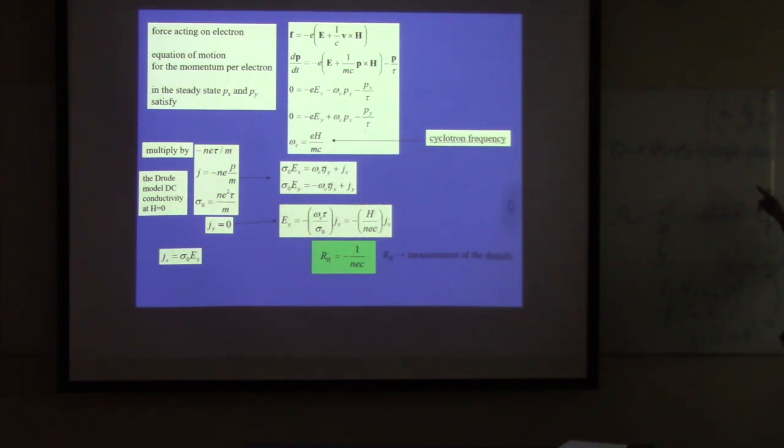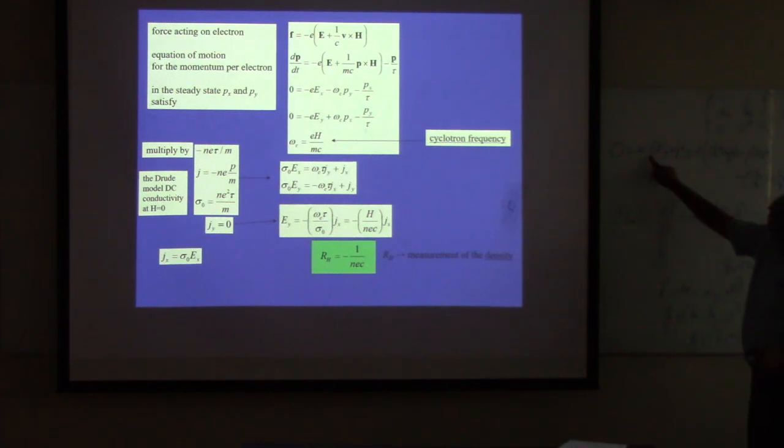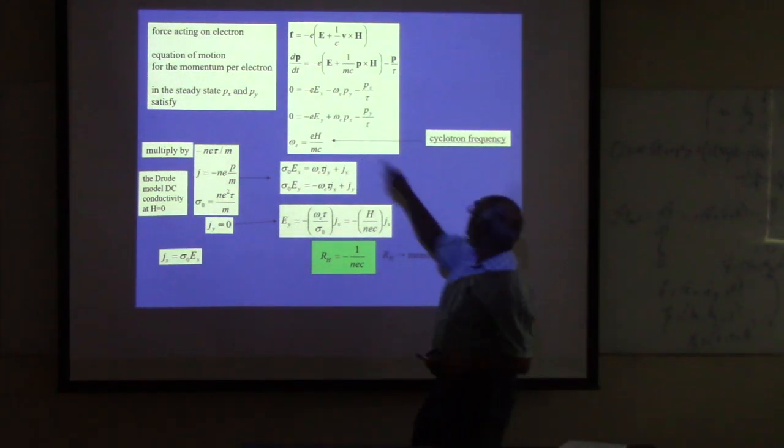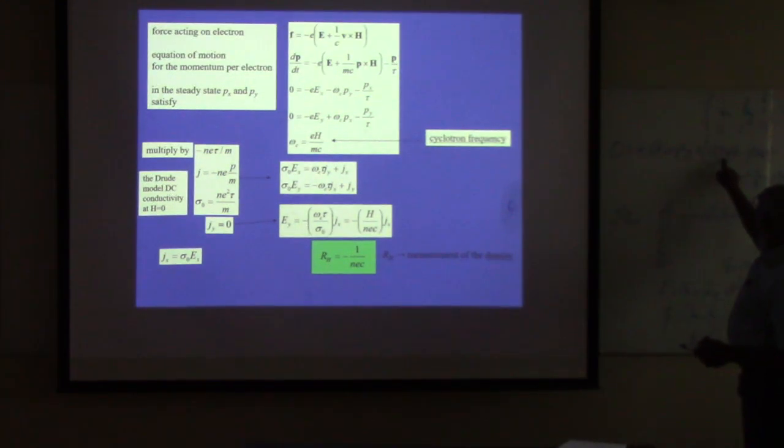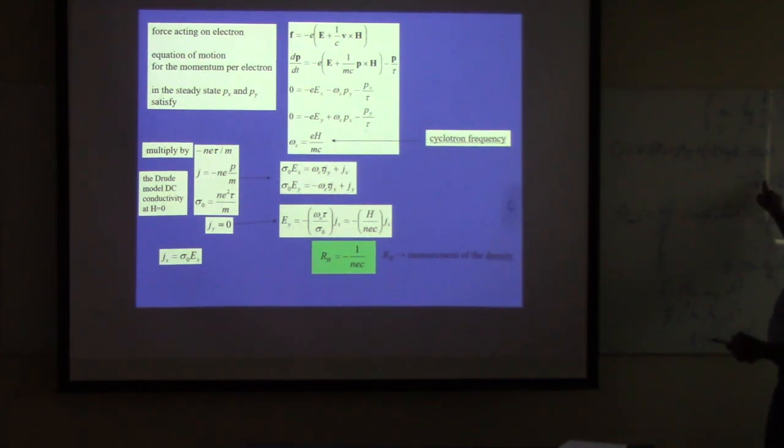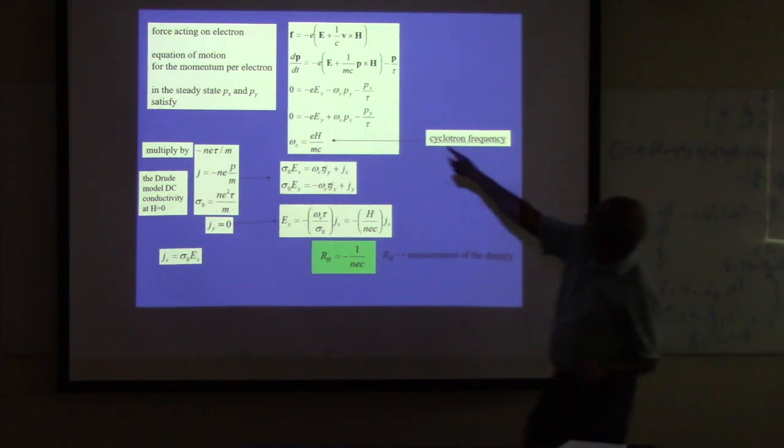So then how about the next term? Minus P over tau. That means i Px over tau plus j Py over tau. That's it, right? Is it clear for everybody? So now separate the i's and j's. If I take i, I get E times Ex. Then I have Vy B, then Px over tau.